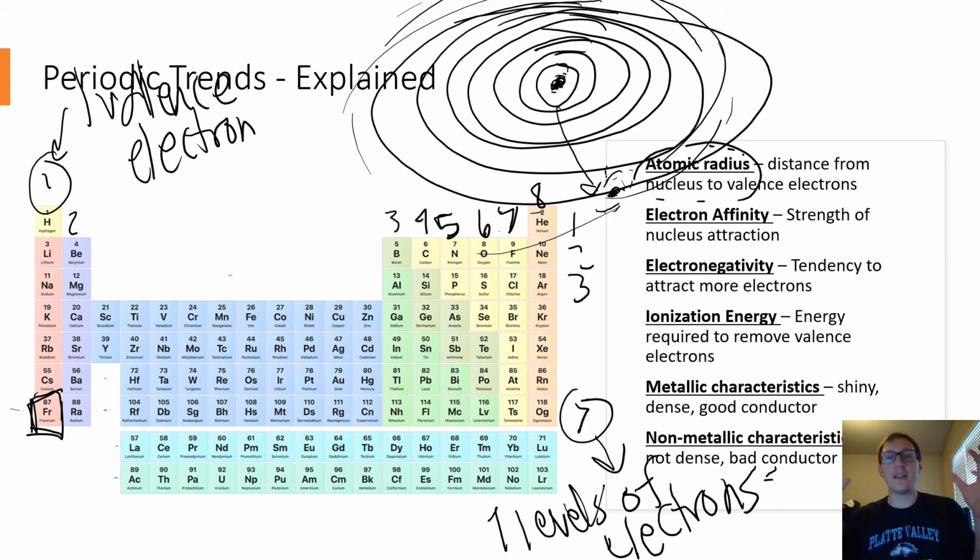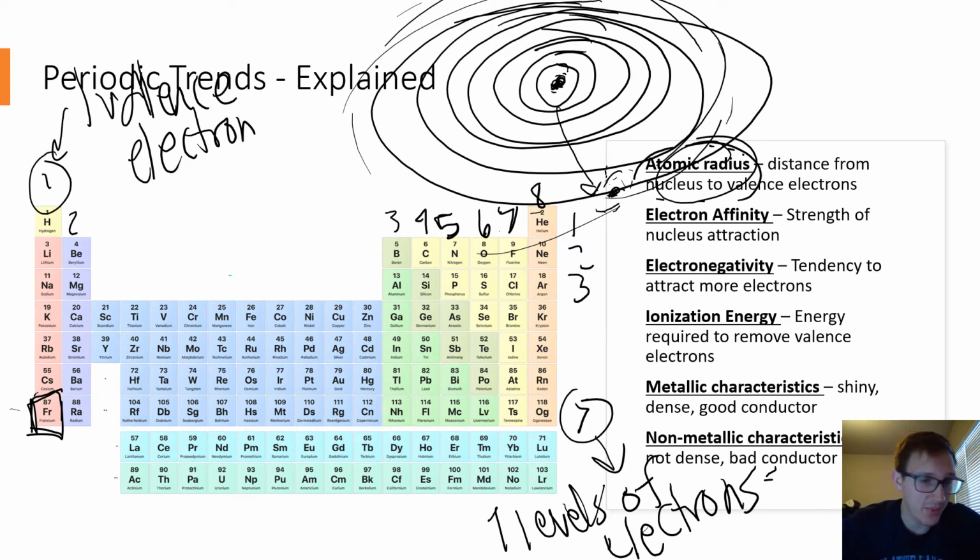So it's making the atomic radius really, really big because it's going out and around, and it's just barely attractive, almost basically falling off on its own. That's why the atomic radius increases as you go down and as you go to the left. That's because you're increasing the number of levels of electrons and decreasing the number of electrons in those levels.